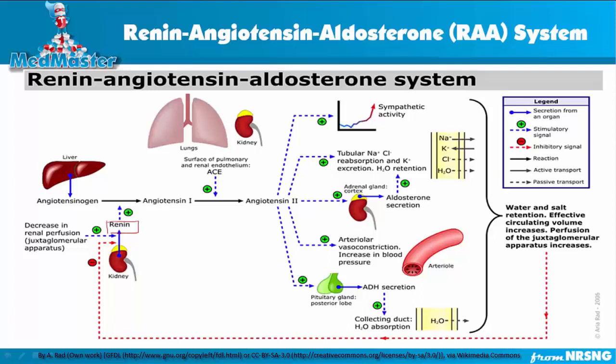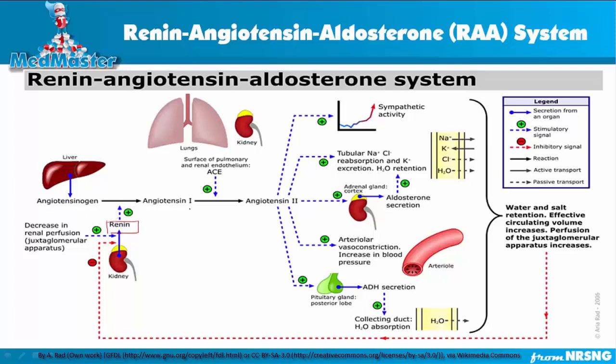Now what this renin is going to do is convert angiotensinogen protein, which is in the inactive form in our blood, to angiotensin 1. So the work of the renin is to convert angiotensinogen to angiotensin 1.